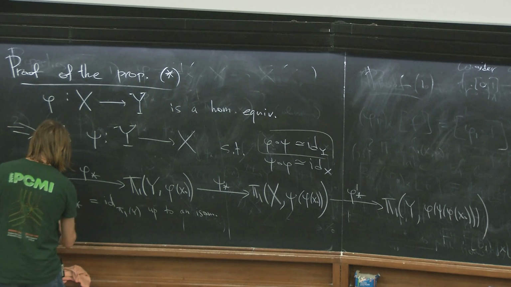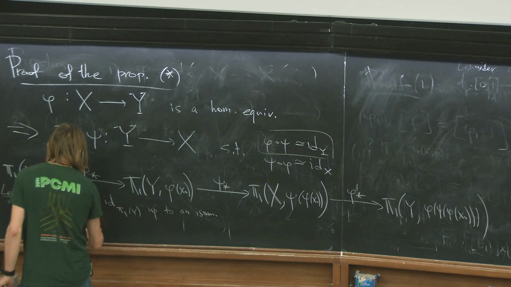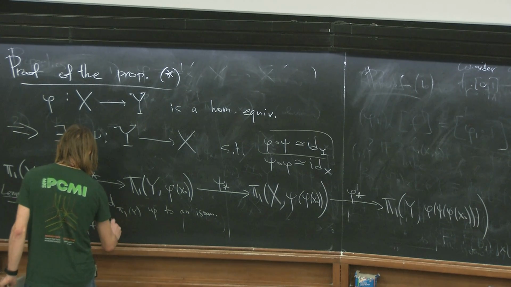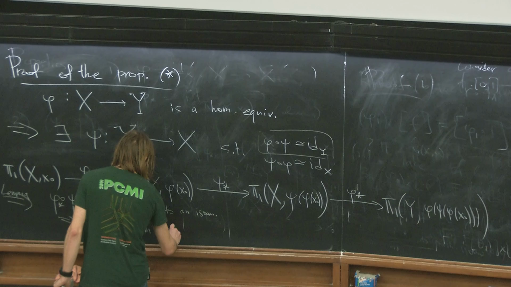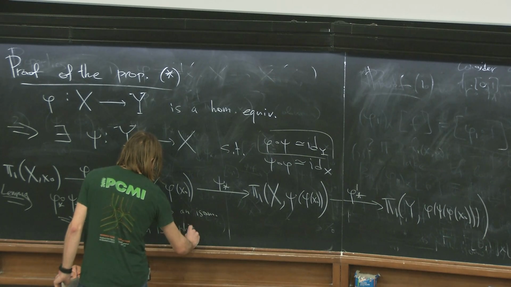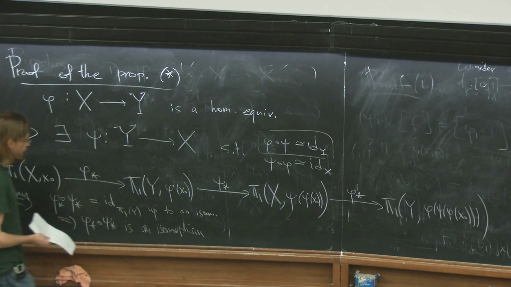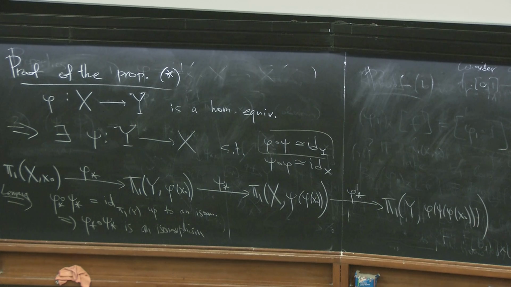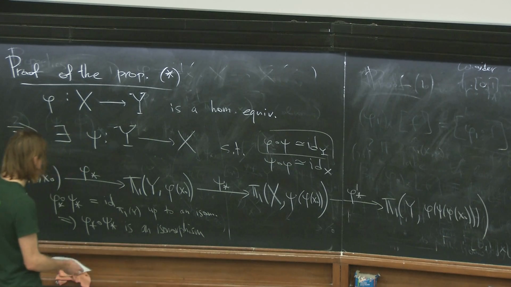Since the identity itself is an isomorphism, this composition is an isomorphism. An isomorphism you can always invert, and the composition of isomorphisms is an isomorphism.